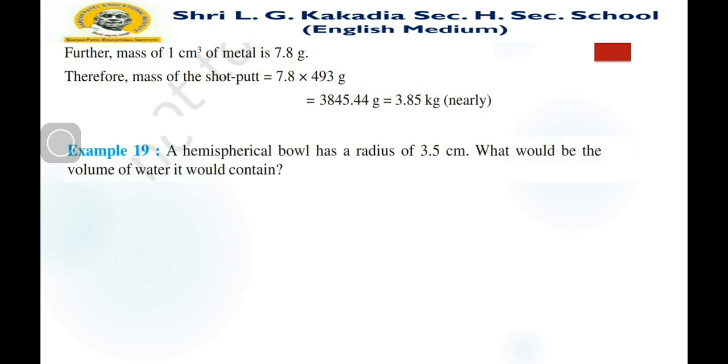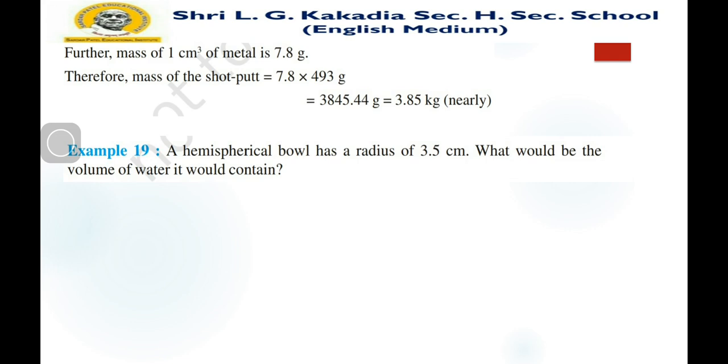Example number 19. A hemispherical bowl has a radius of 3.5 centimeter. What would be the volume of water it would contain? Here, given one bowl, we want to find the water the bowl would contain.